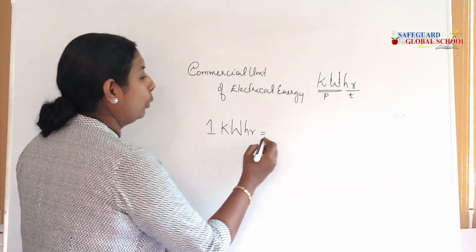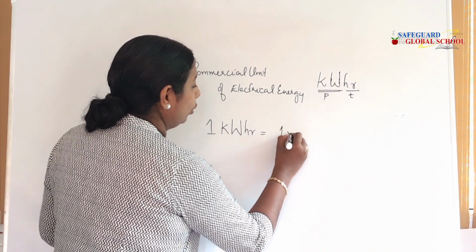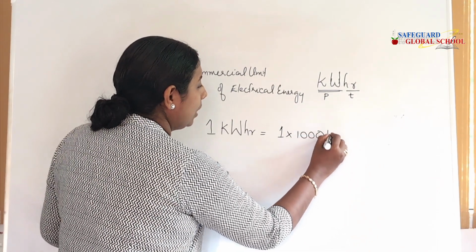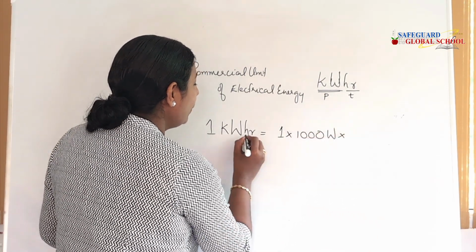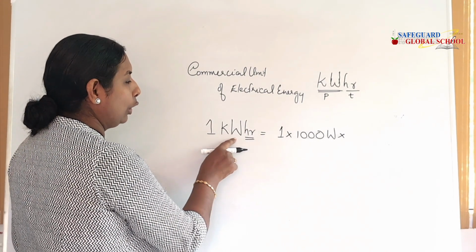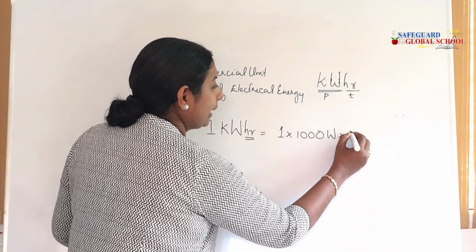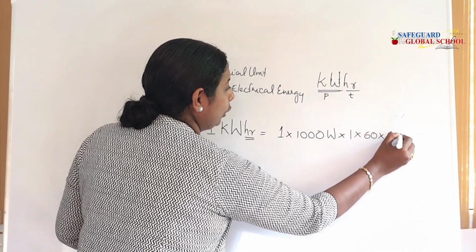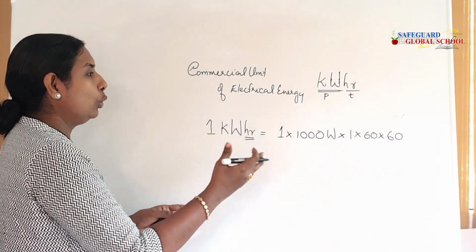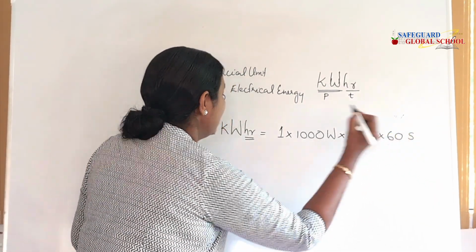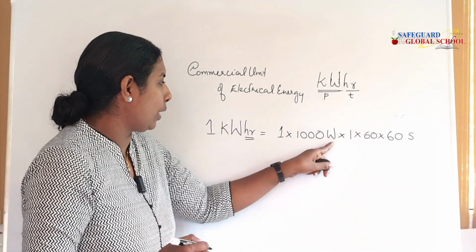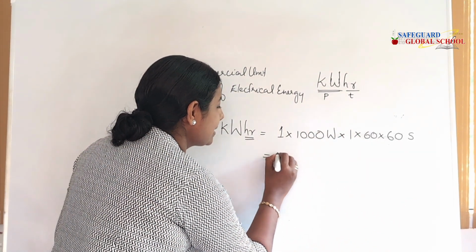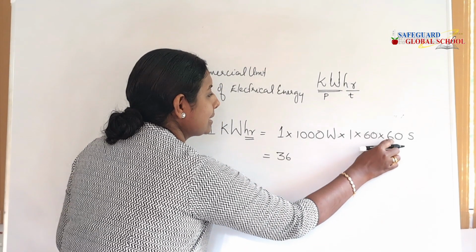So what is 1 kilowatt hour written as? 1 into, what do you mean by kilowatt? It is 1000 watt. So then how is 1 hour converted? It is 1 kilowatt into 1 hour. 1 hour is 60 into 60 seconds. In order to get it in joule, it should be watt second. So 1 kilowatt is 1000 watt, 1 hour is 60 into 60 seconds. 6 into 6 is 36.